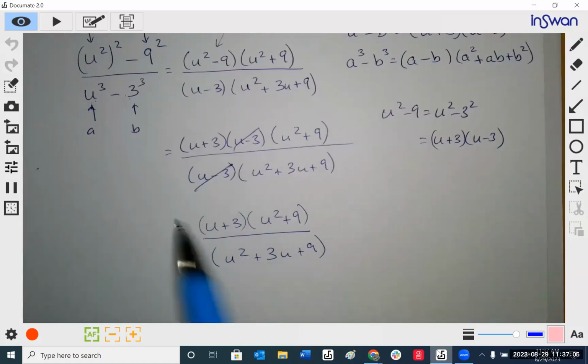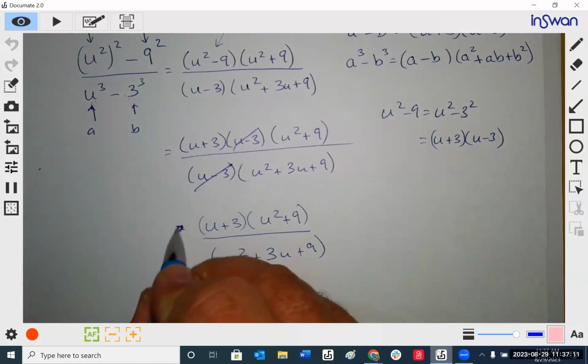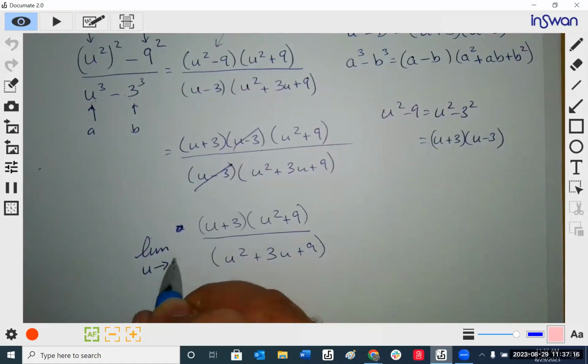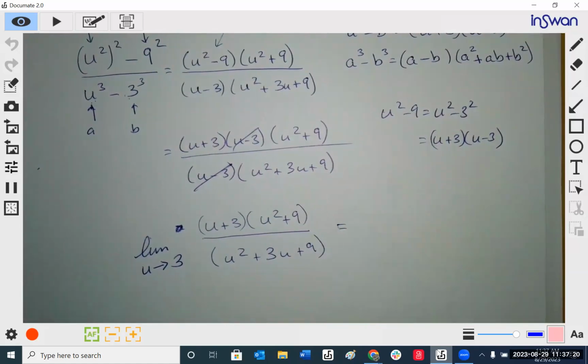And now notice that all of them are plus. So nothing's going to go to 0. So as our limit, as u approaches the positive 3, plug and play. Nothing's going to go to 0.